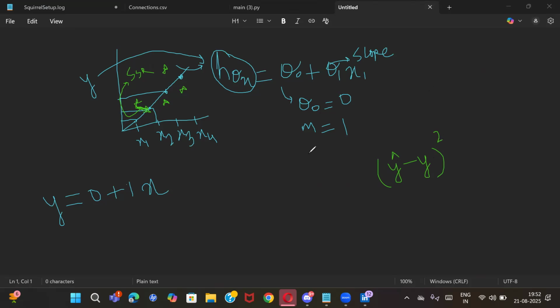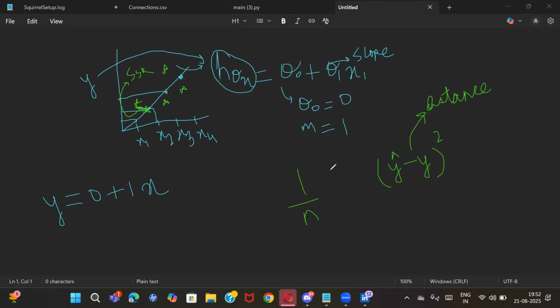Why are we squaring? Because this value, the distance, might be negative. So this is nothing but the distance, okay? And here n is equal to the number of data points, so I will divide by n.